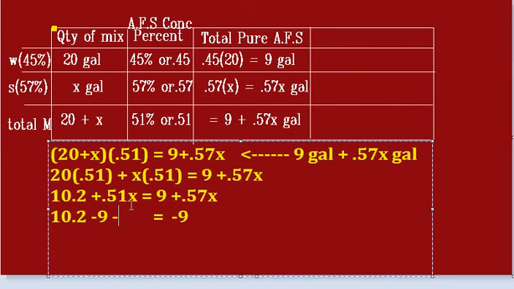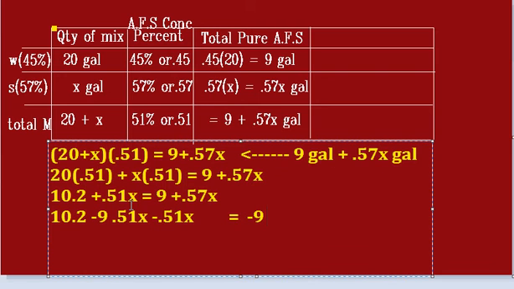And also, you have to subtract here the 0.51x. Okay, we have to rewrite the 0.51x, and you have to minus the 0.51x there, and it follows that on the other side of the equation you will have also the 0.57x.